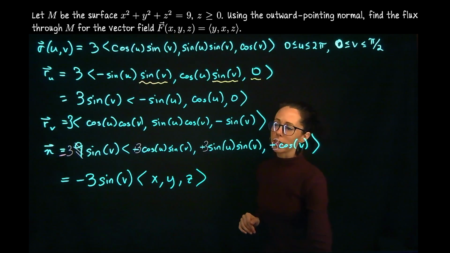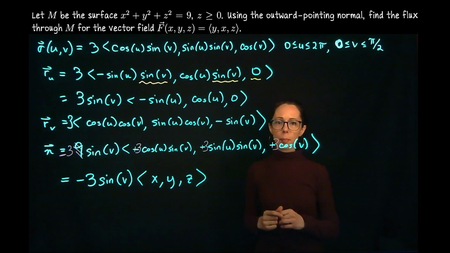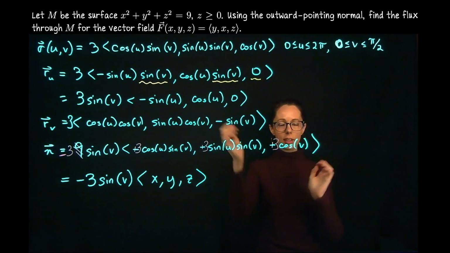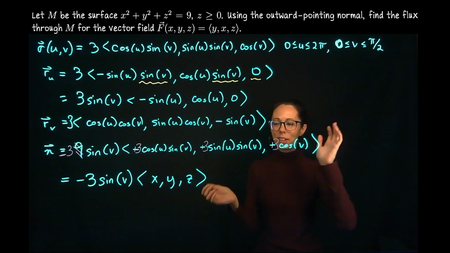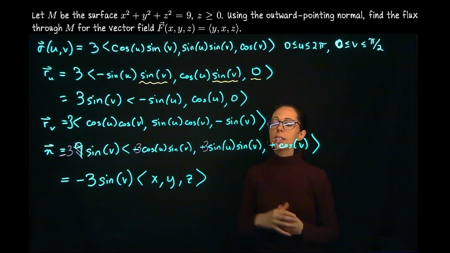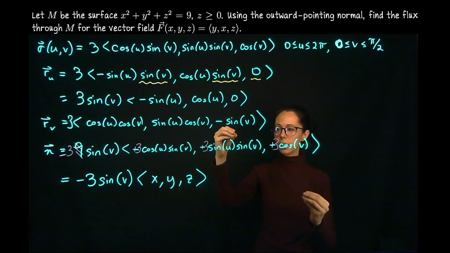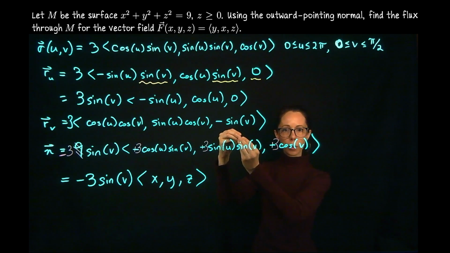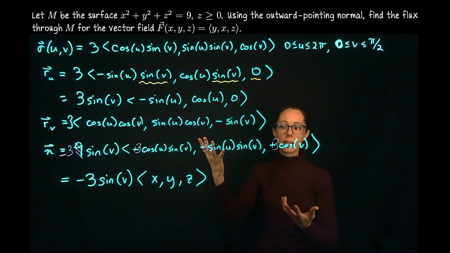I wanted to bring this up because if you think about a sphere and you imagine what vectors orthogonal to the sphere would look like, they're going to radiate outwards. And the fact that I just used the word radiate is what I'm trying to bring up here. XYZ is the position vector for any point on the sphere. If you imagine a point on the sphere and the origin and the vector going from the origin out to the point on the sphere, that would have coordinates x, y, z.